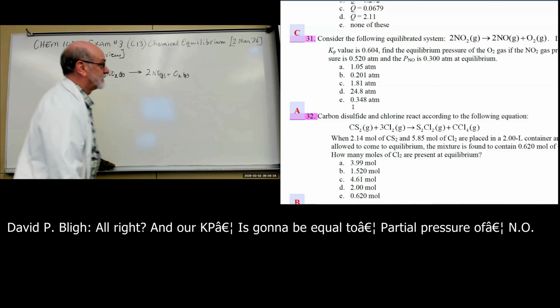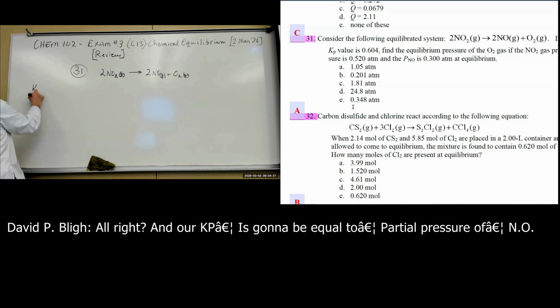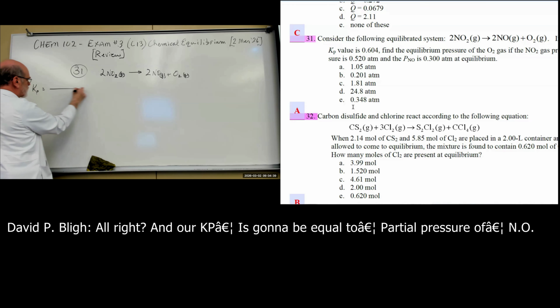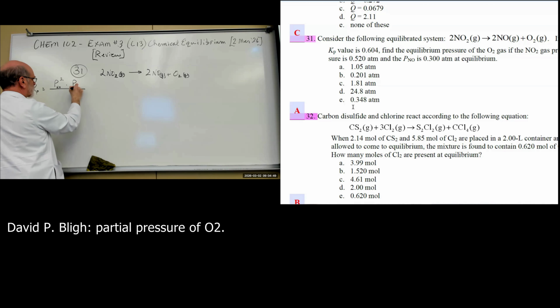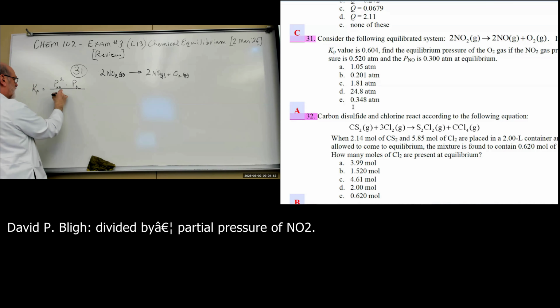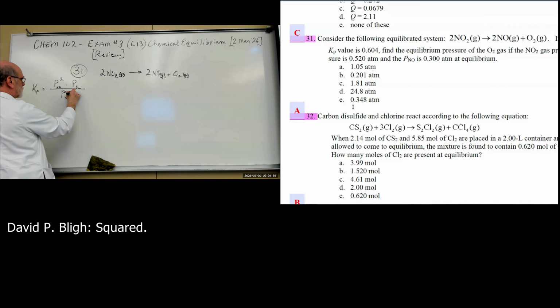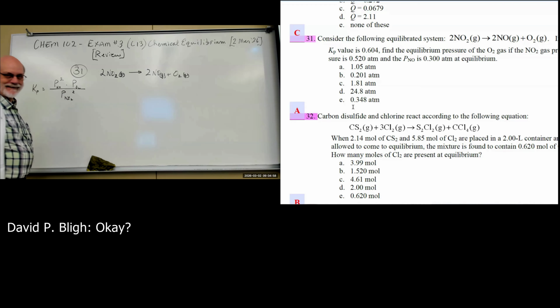All right, and our Kp is going to be equal to the partial pressure of NO squared, times the partial pressure of O2, divided by the partial pressure of NO2 squared.